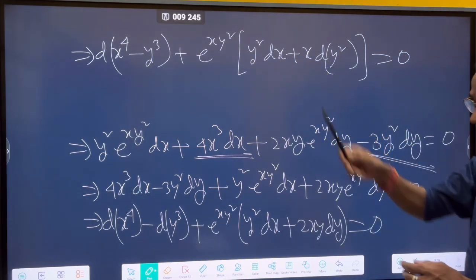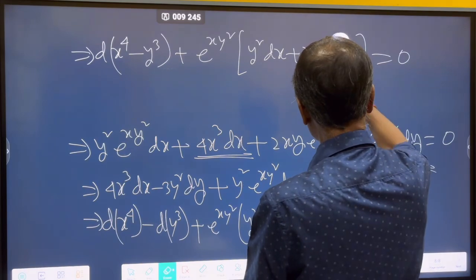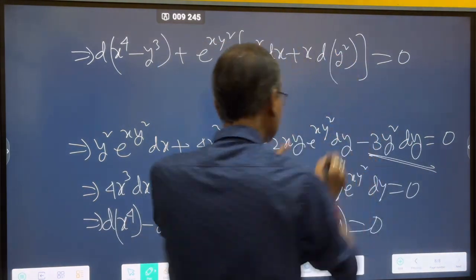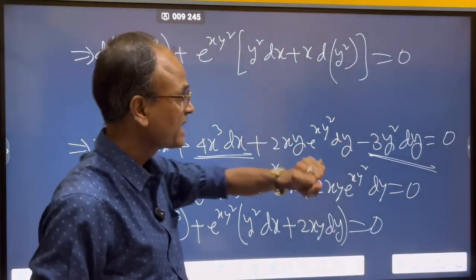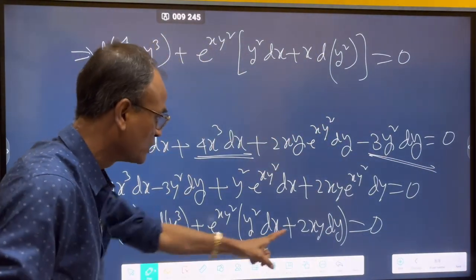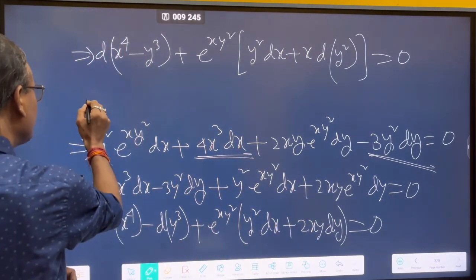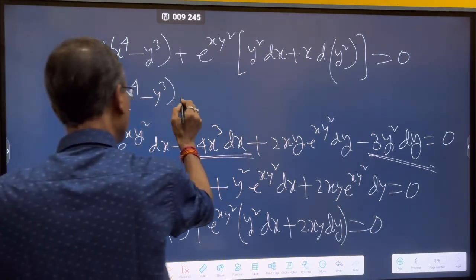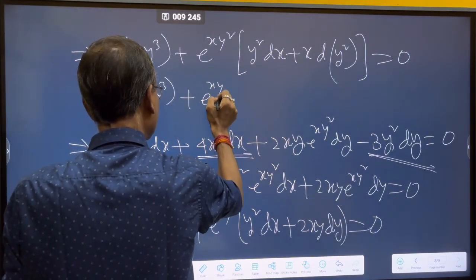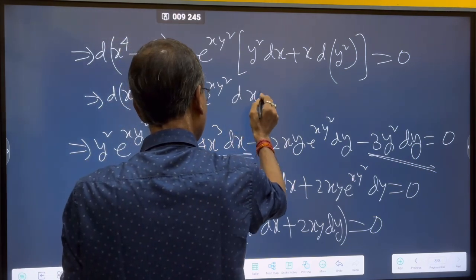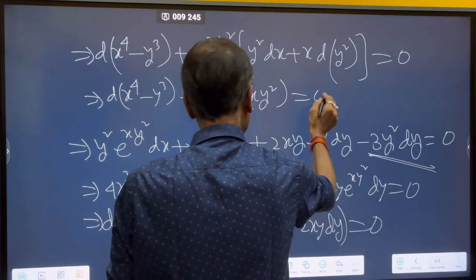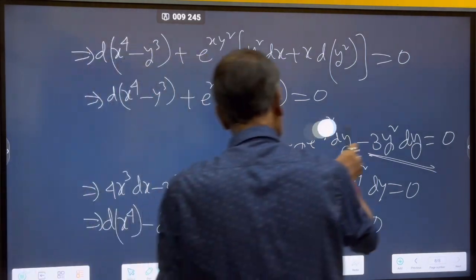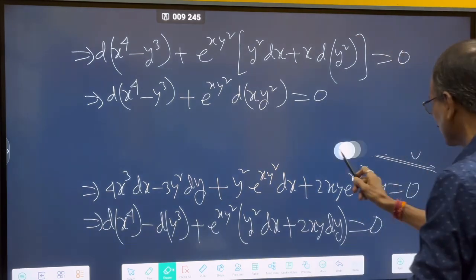What is d of x y square? It is y square dx plus x times d of y square, and d of y square is twice y dy. Already x is there, so twice xy dy. This means d of x to the power 4 minus y cube plus e to the power xy square d of xy square equal to 0.